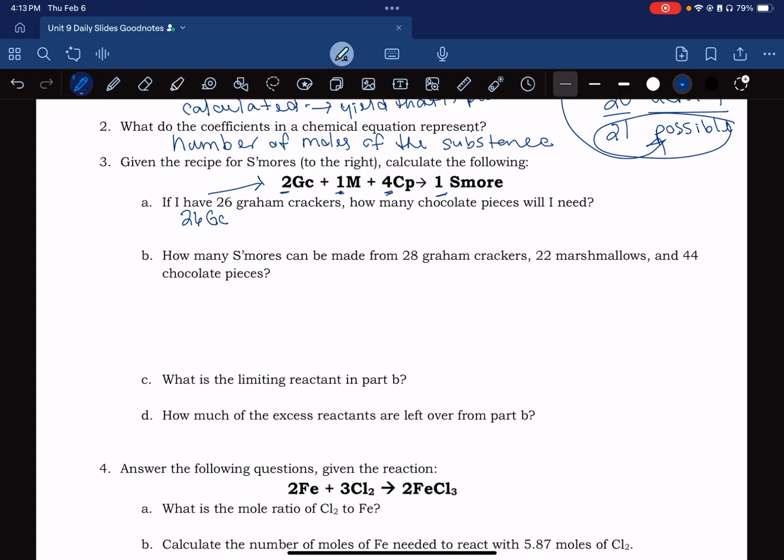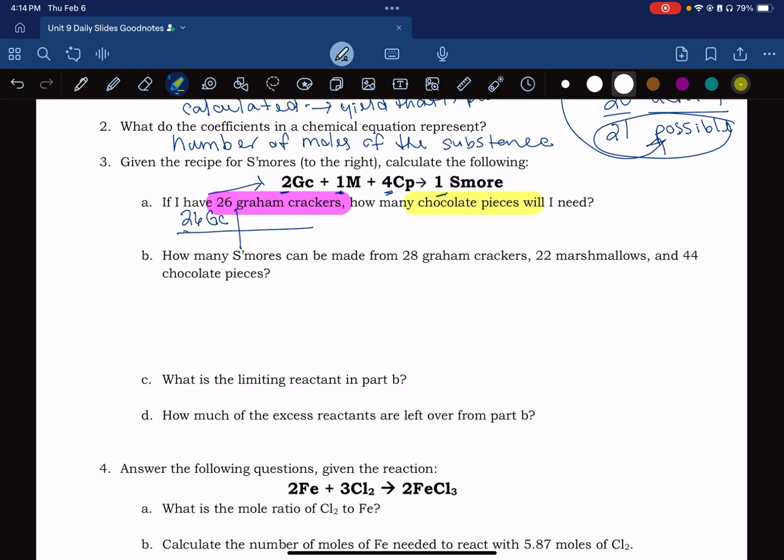Just like in a chemical equation, we need to understand the relationship between graham crackers and chocolate pieces, because graham crackers is what we were given, and chocolate pieces is what we're trying to find.